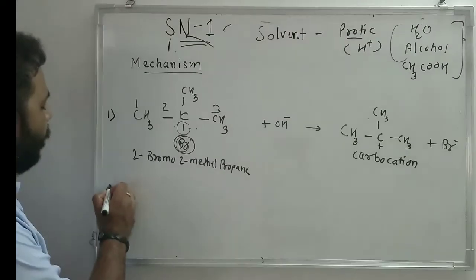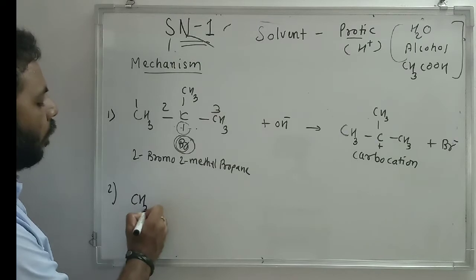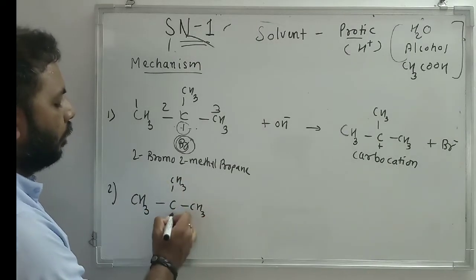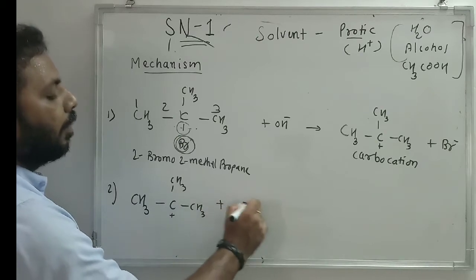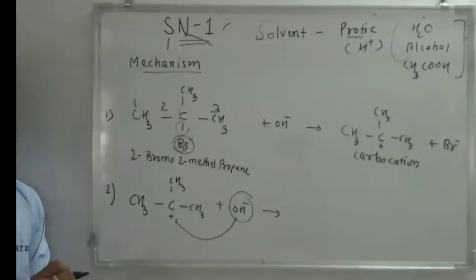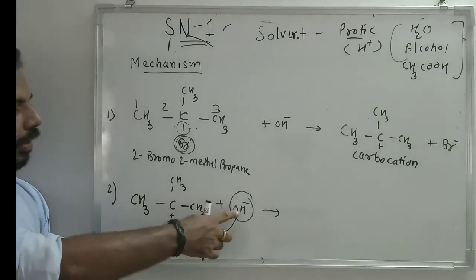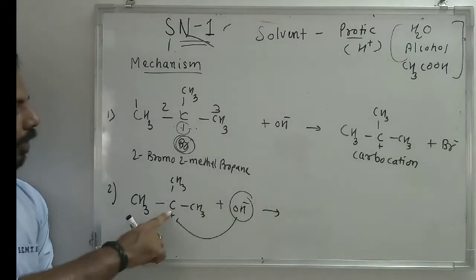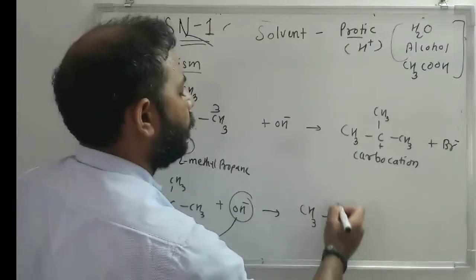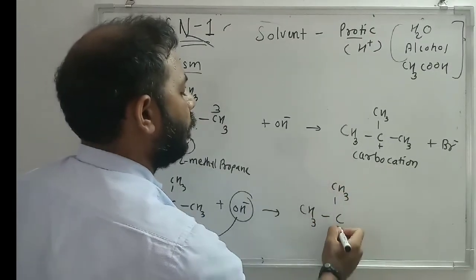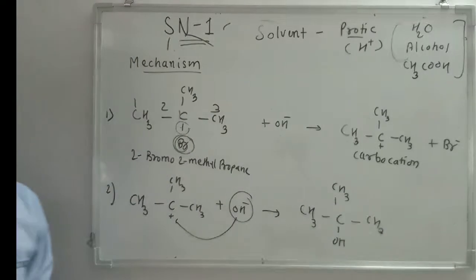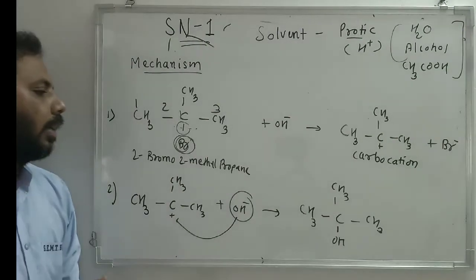Now in second step, so we have got carbocation. In second step, negative charge of nucleophile will attack on carbon. This negative charge of nucleophile will attack on this carbon and it will form alcohol. So this is the final product that we are obtaining.